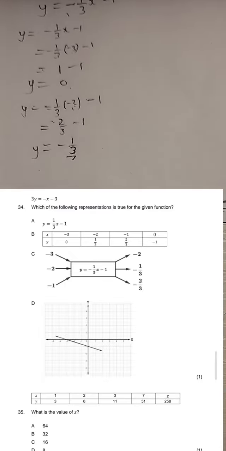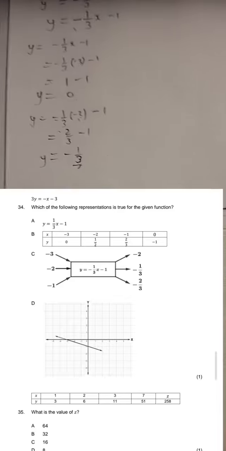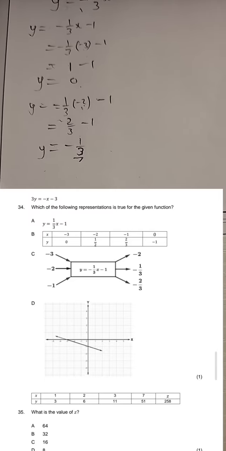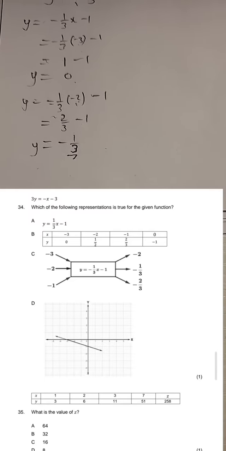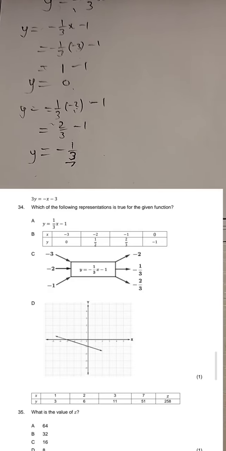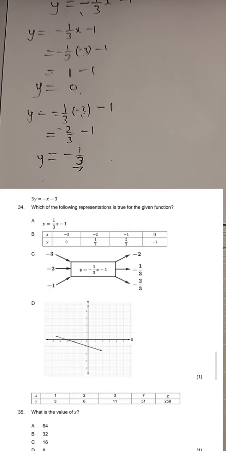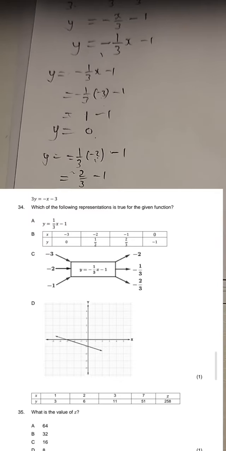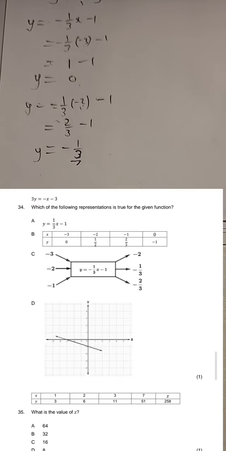So if the answer is not half, which is the output that you see in B when you substitute negative 2, then that means the table is not a representation of 3y is equal to negative x minus 3. Sorry about that, guys.